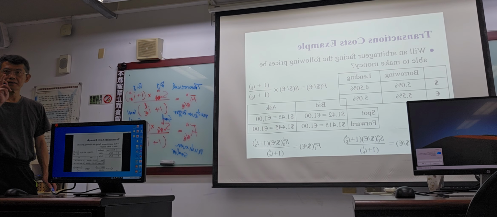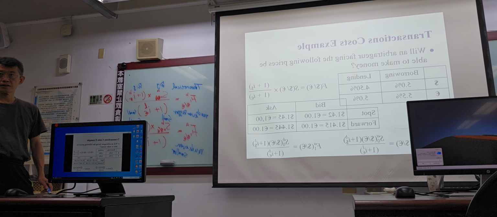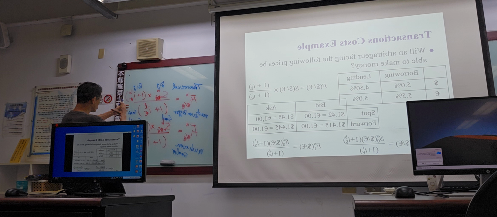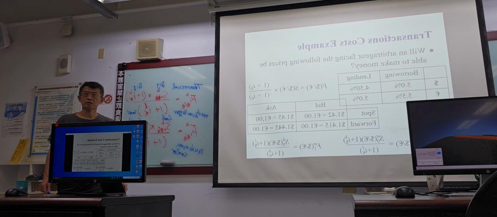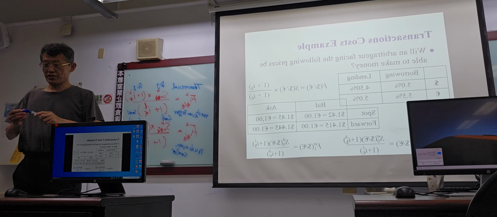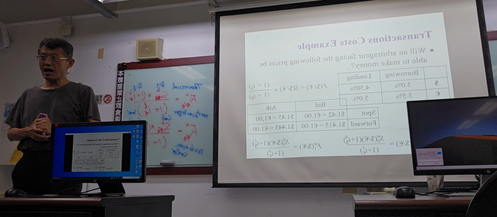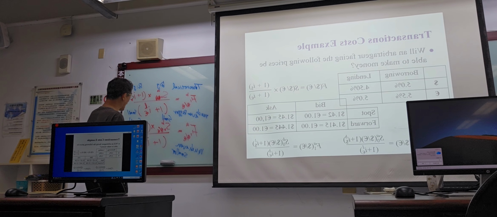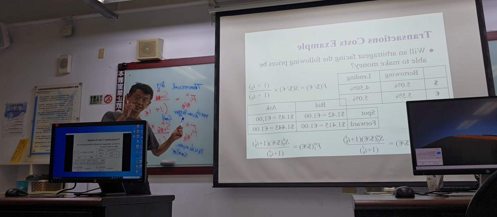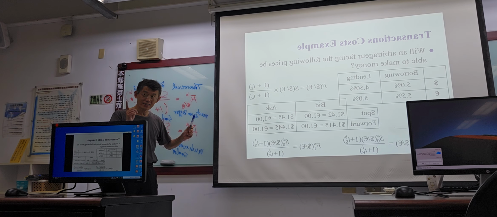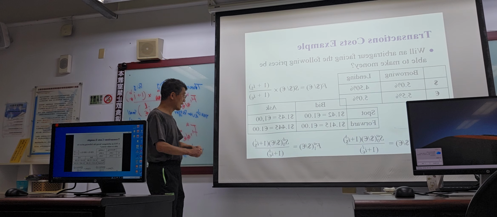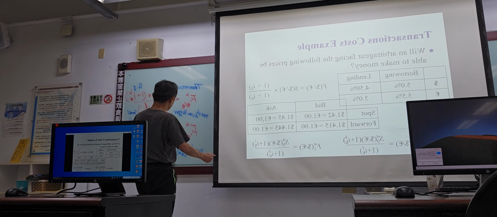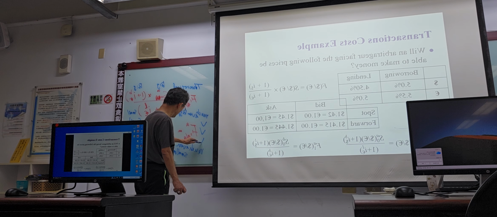So you will see from the component structure, the theoretical bid is actually larger than theoretical ask. Is that right? The theoretical bid is always larger than theoretical ask.